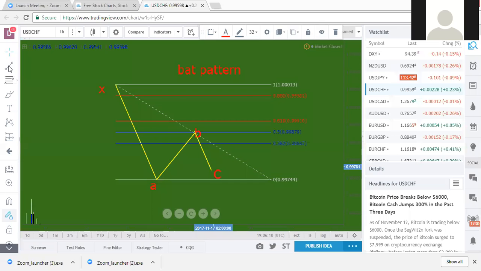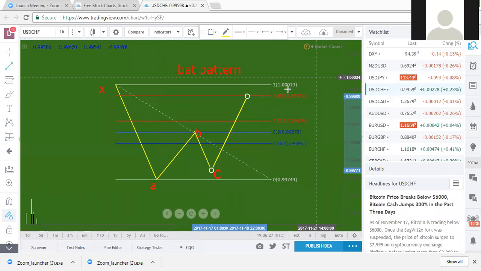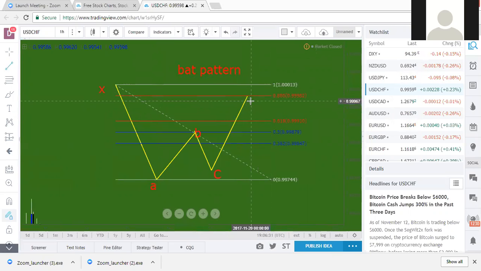At this point, we can begin to look for our D extension to complete our pattern. Pretty simple. The bat pattern has to retrace back to the 886. That's going to be the 886 from our X to A move. If it doesn't reach the 886, it's an invalid pattern.